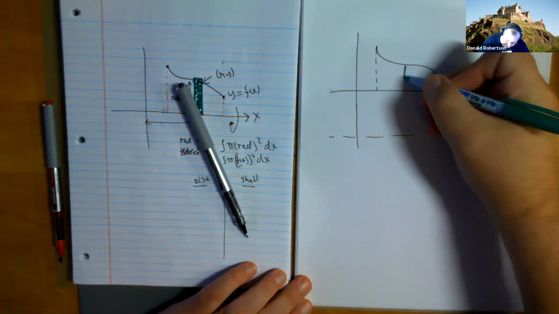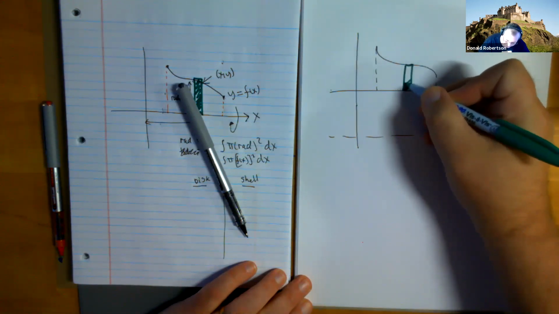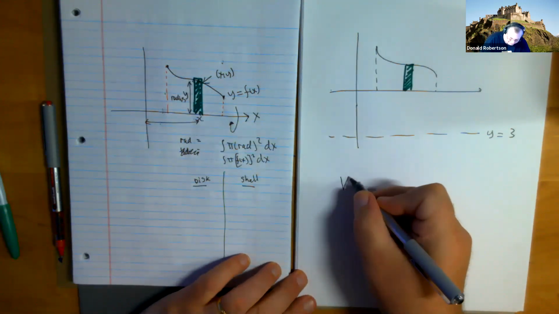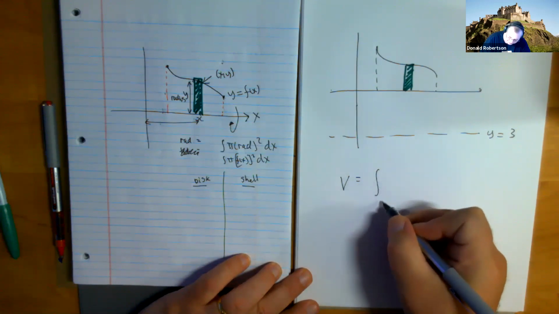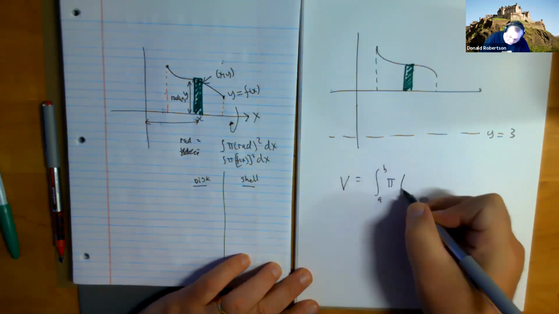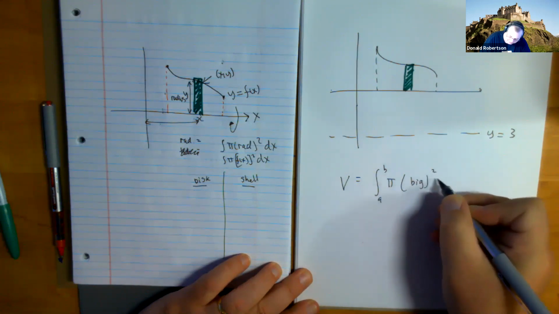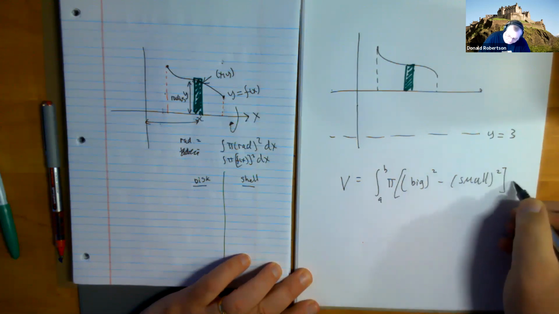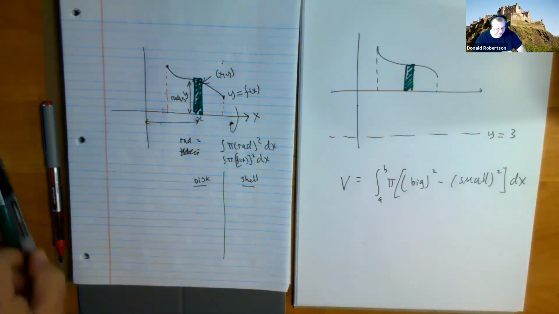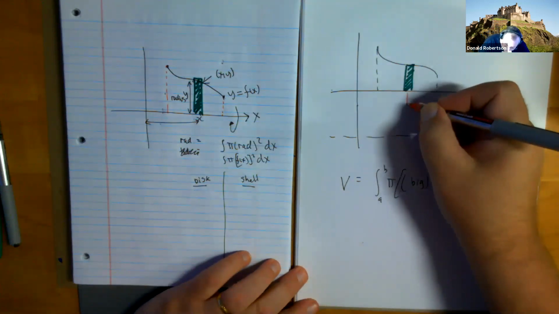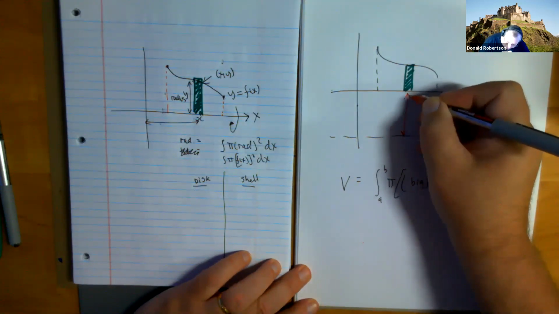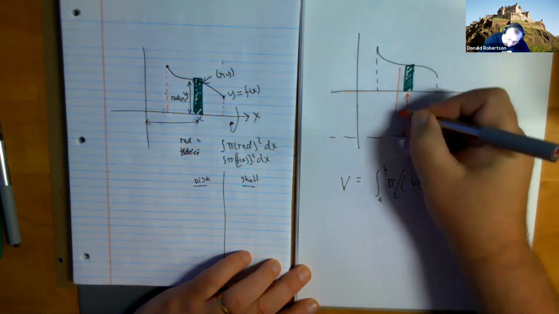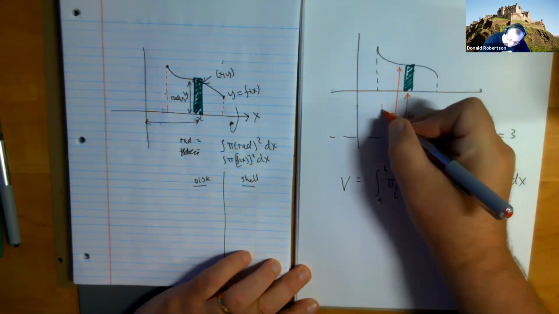We have the same rectangle, but the formula for the volume is now going to be what we call pi big radius squared take away small radius squared. In this case, that distance from there to there is the small radius, and this distance from here to here is going to be the big radius.